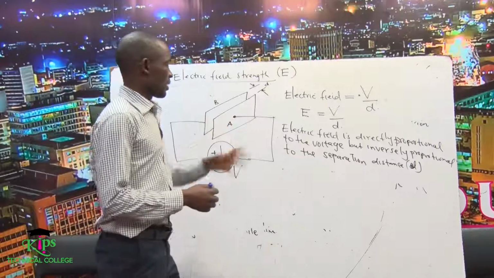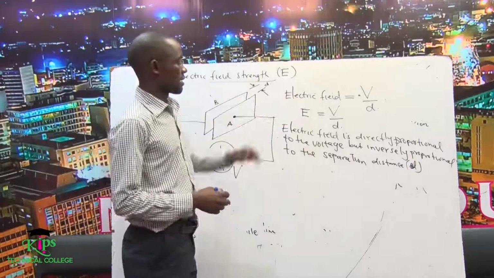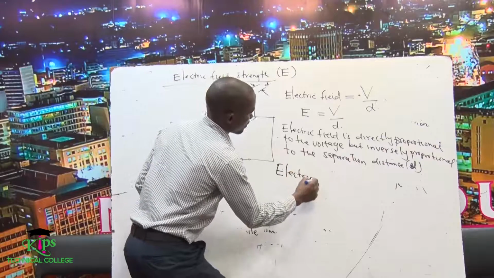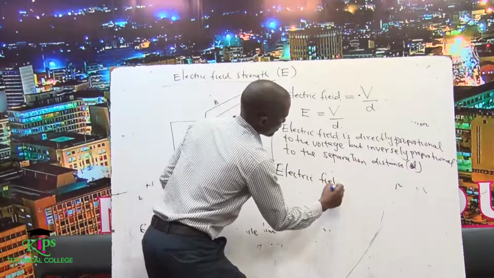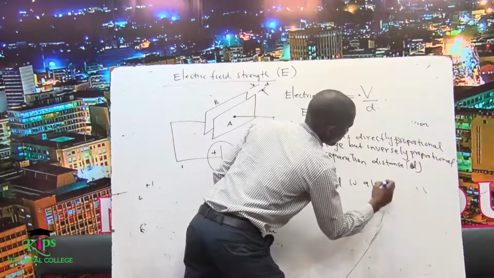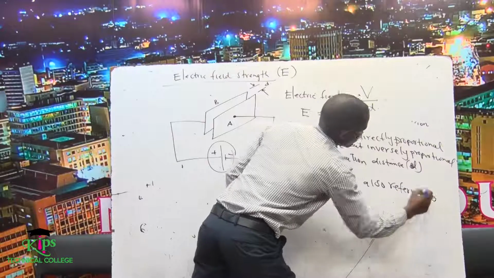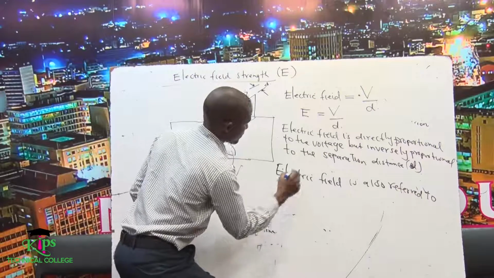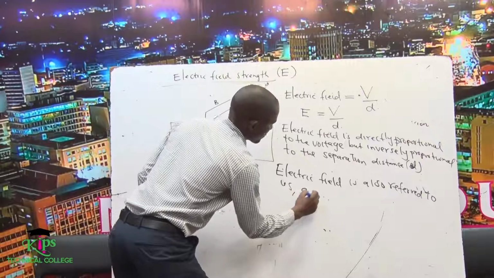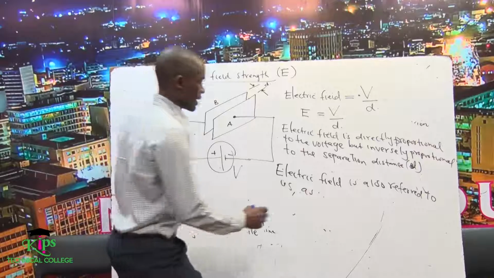As we wind up, another thing I just want to mention is another word for electric field. Electric field is also referred to as a potential gradient.